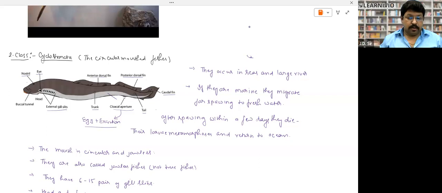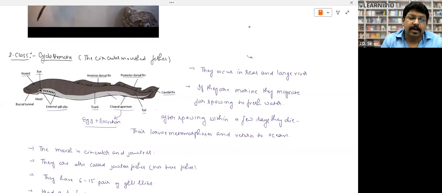What is the peculiarity? I want to tell you something. Jot it down. They are basically found in seas and large rivers, right? Basically, they are found in estuaries. Estuaries are those parts where the river and the ocean water meet. They are basically found in oceans, right?